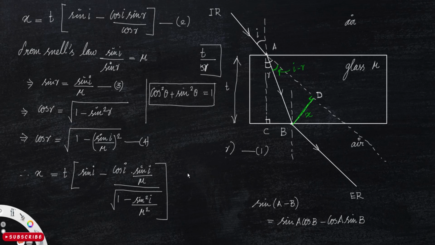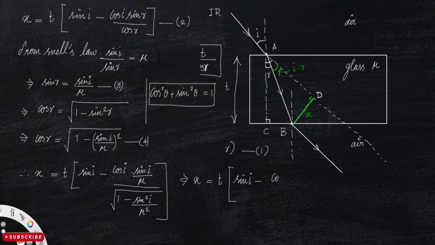Now, if you simplify this, you will get x is equal to t into sin I minus cos I sin I divided by mu, whole divided by, you can cross multiply this, so it will be root of mu square minus sin square I divided by mu square.